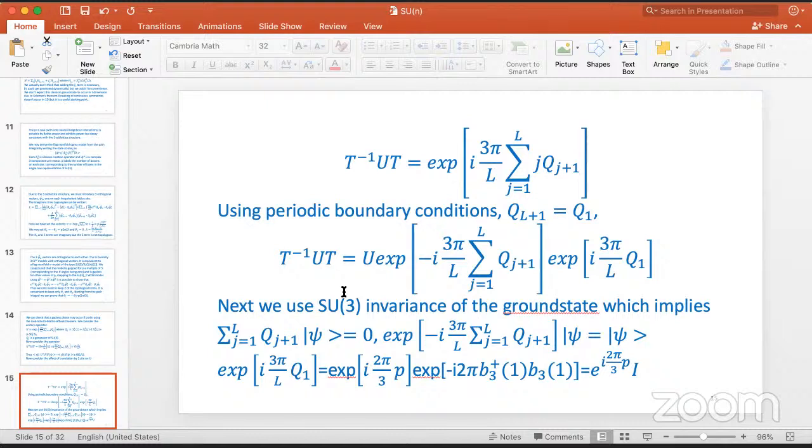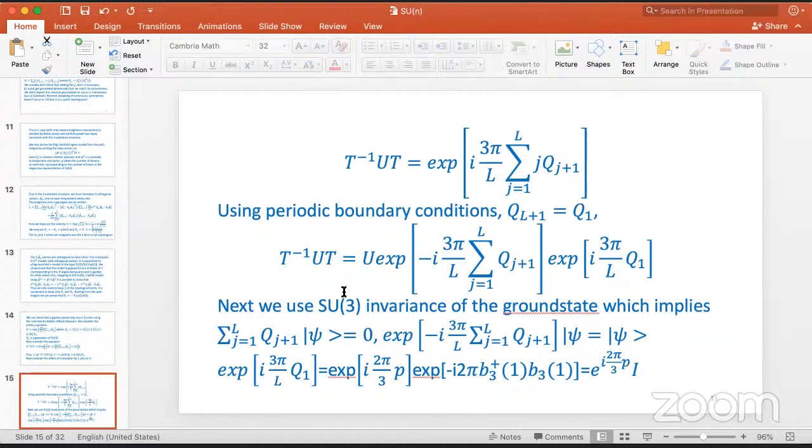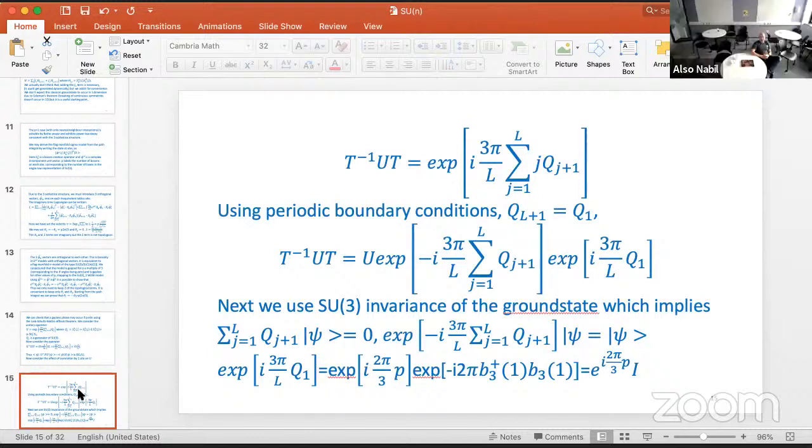Did you use the full SU(3) invariance or just the U(1) subgroup? We use the full SU(3) invariance, but we're just using a U(1) subgroup for this calculation. So could you break the SU(3) symmetry down to something smaller and still have a non-trivial conclusion? I think so.